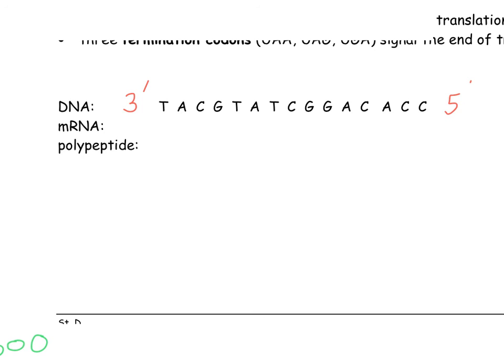So if we're looking at the strands, the mRNA that's going to leave the nucleus, then we end up with this. A couple of things I want to mention here. I know that the complementary mRNA strand would be 5' to 3' because they have to be anti-parallel.